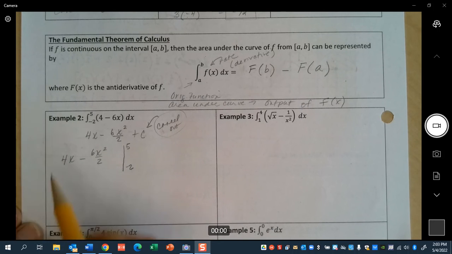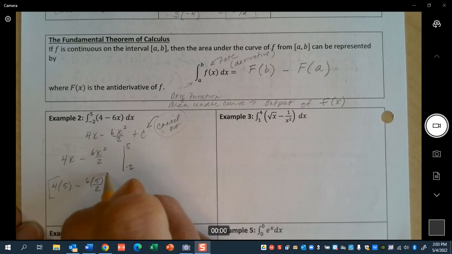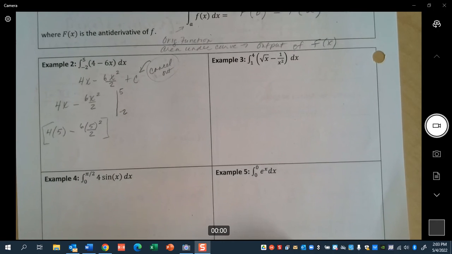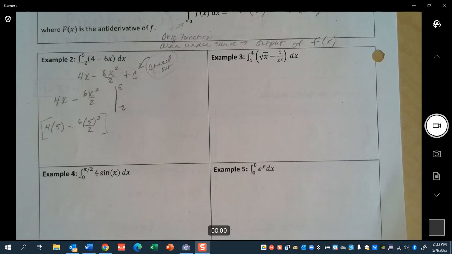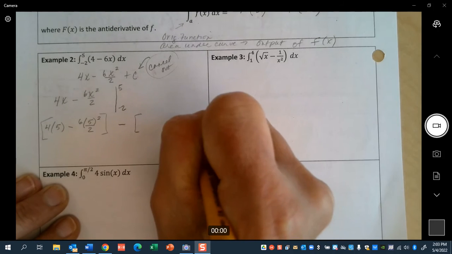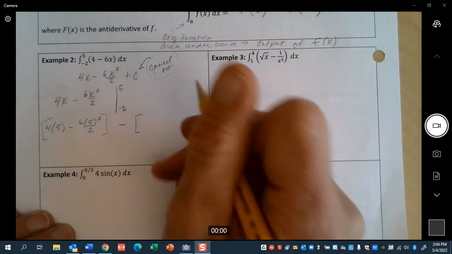This is my original function. So what I'm going to do is say, okay, 4 times 5 minus 6 times 5 squared divided by 2. And this is the output when 5 was my input. This is my original function with 5 as the input value. If I want to know that area between those boundaries, I'm going to then insert my a value, -2.